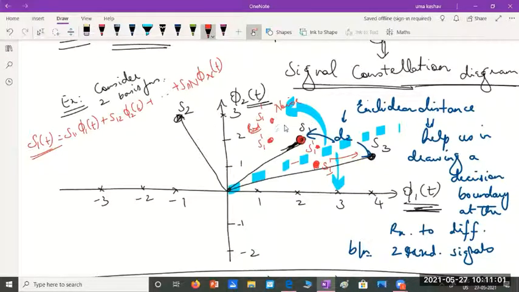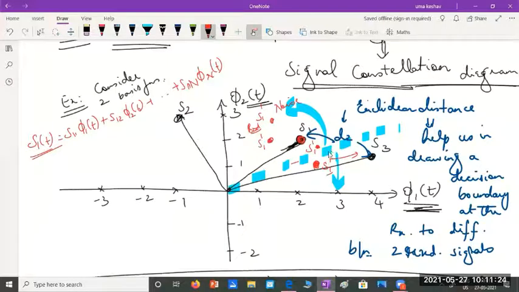And what is the use of doing this representation? We'll find the Euclidean distance between the different signals in this signal space diagram, and using that distance we will take the midpoint and draw a decision boundary so that the receiver will be able to decide.